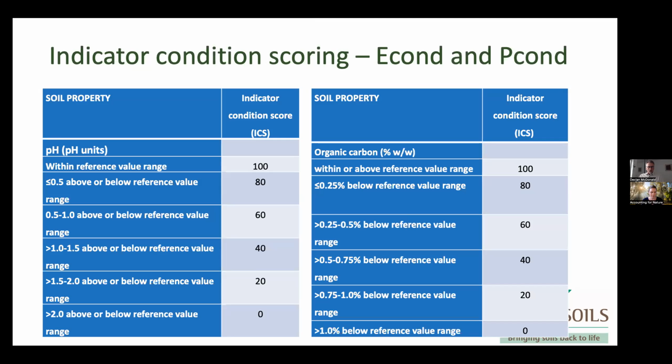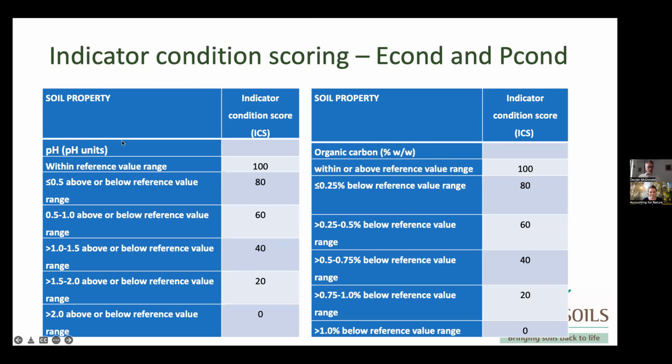So what I'm showing you here now is the indicator condition scoring system that we've got for, again, just a couple of these soil properties. I'm showing you the scoring system for pH on the left and the scoring system for organic carbon on the right.